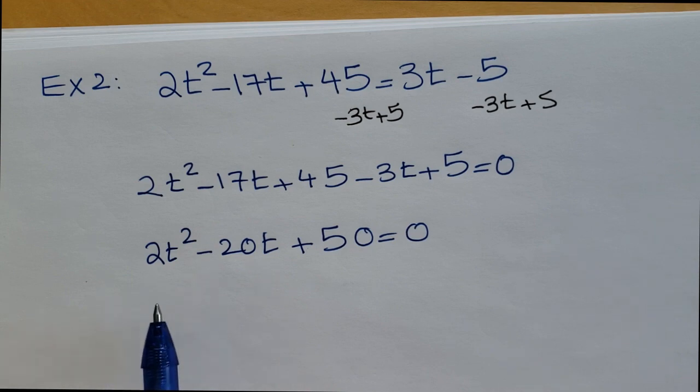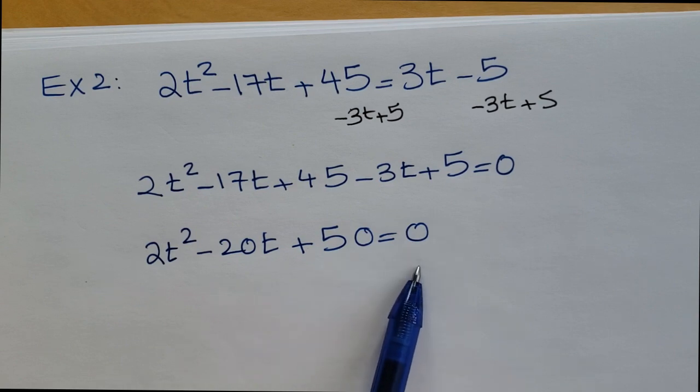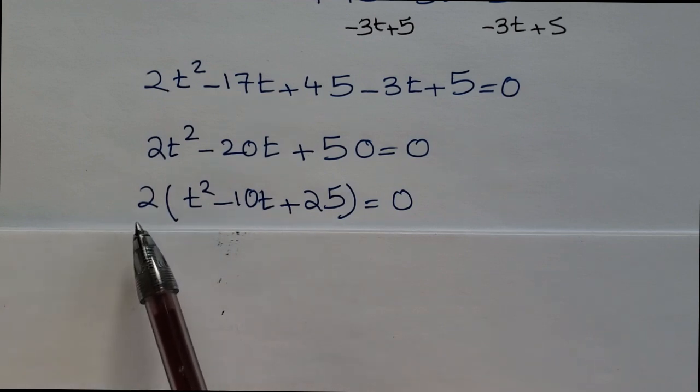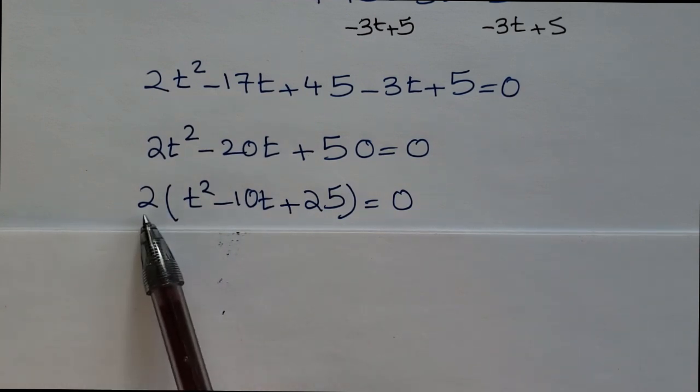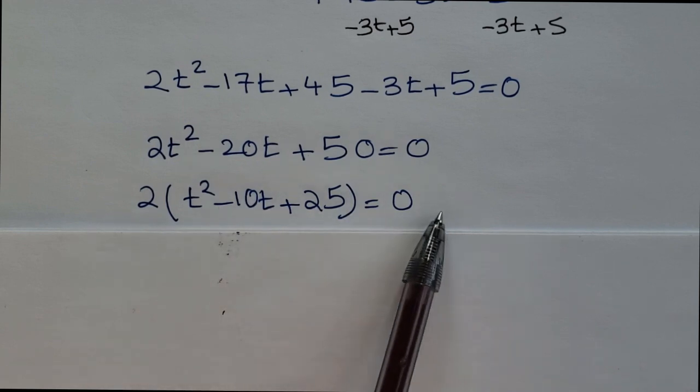But if you take a closer look, you would see that you can factorize a 2, or you can simply divide both sides by 2. So I factorize a 2, and this side turns into 2 times this trinomial, because there are 3 terms, equal to 0.